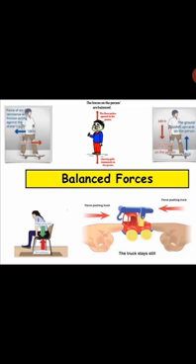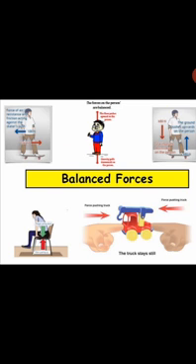A person who is sitting on a chair is also stationary and is sitting in a balanced position because the forces are balanced. Also, if you apply a force on this toy truck, and a person is dragging it from behind, and both forces are balanced, the truck will not move.